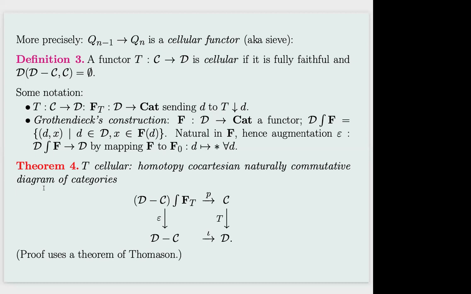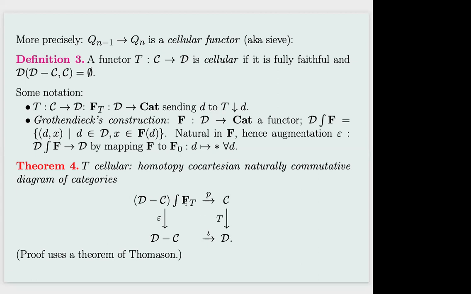And then the main technical theorem is a homotopy co-Cartesian theorem. There's a diagram like this, which is naturally commutative and homotopy co-Cartesian. On the right, you have this functor from C to D that I want to understand, which is supposed to be cellular.